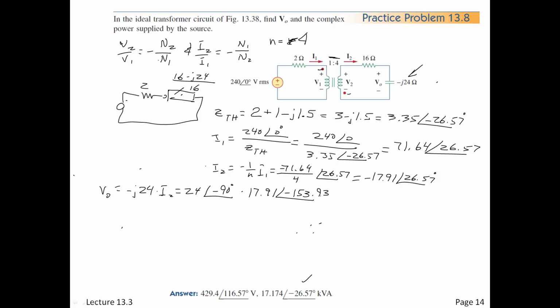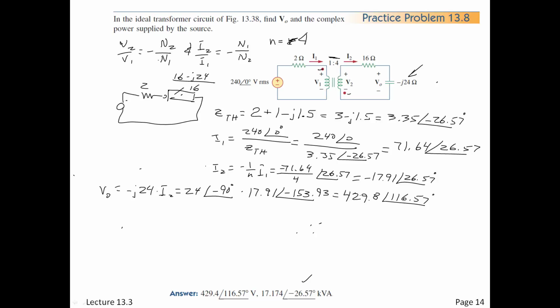All right. And that comes out to, you can see that 24 times about 18, 429.8 at an angle of 116.57 degrees.